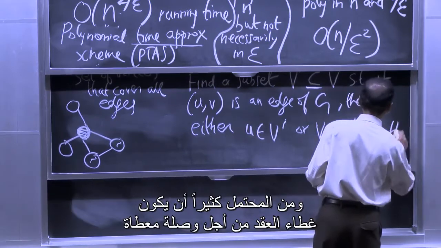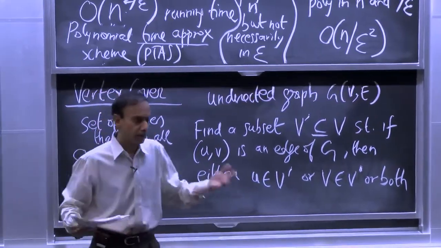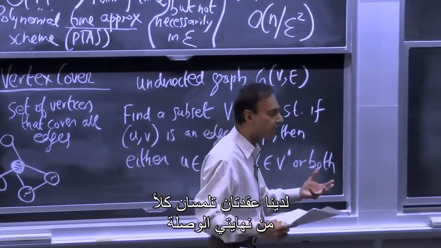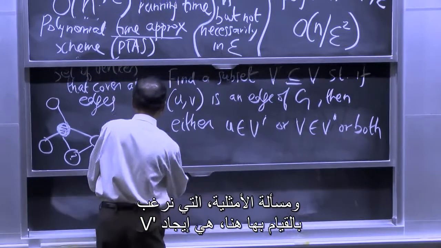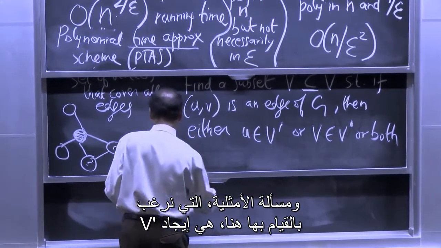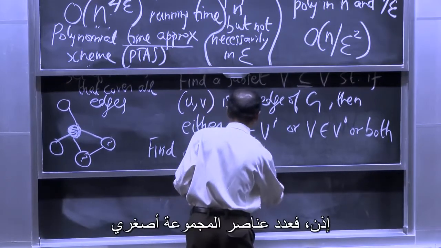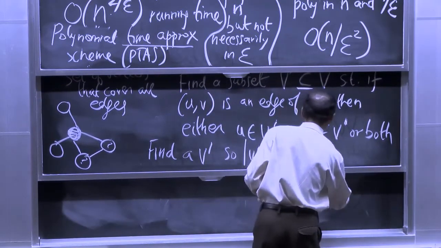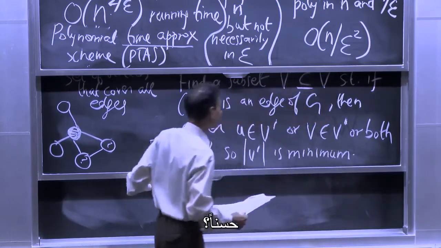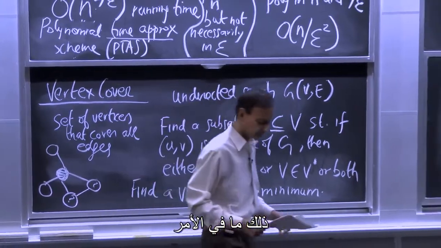And it's quite possible that your vertex cover is such that for a given edge, you have two vertices that touch each of the endpoints of the edge. And the optimization problem, which is what we'd like to do here, is find a V prime so the cardinality is minimum. Okay? So that's it.